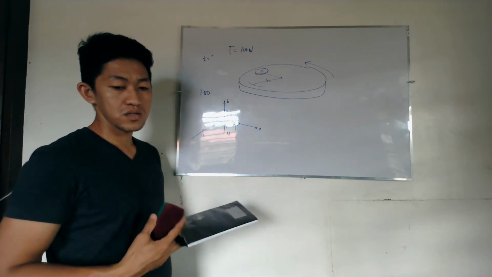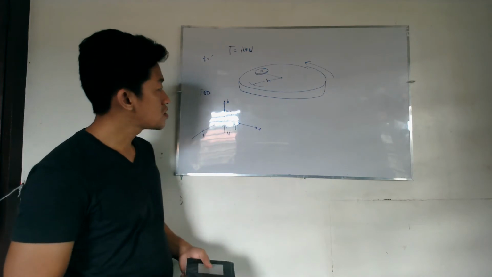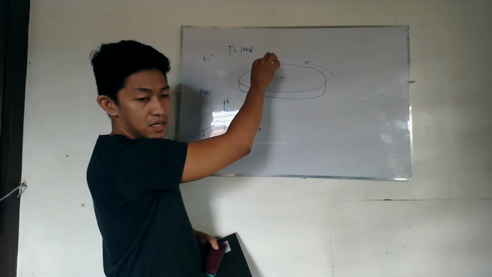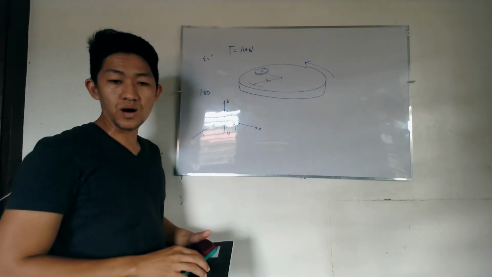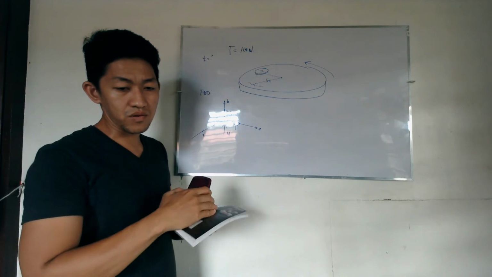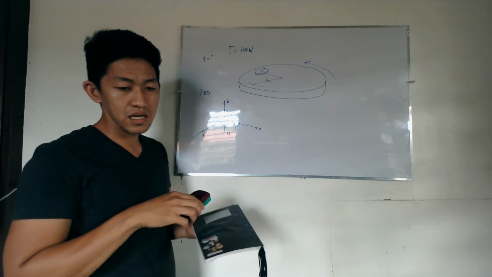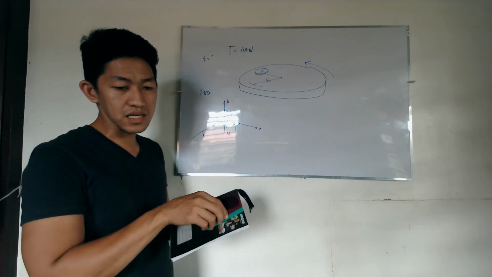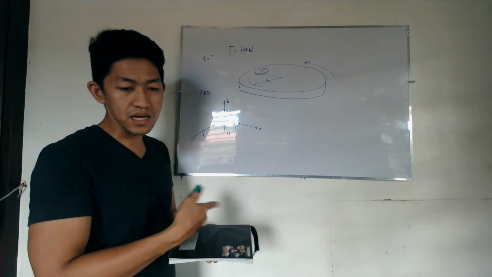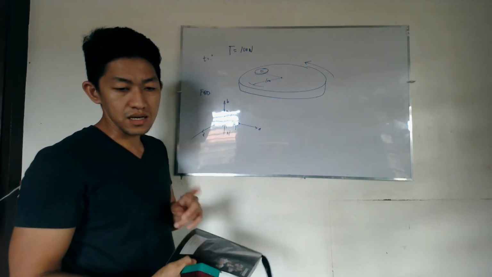So the scenario is the platform is rotating and you put the disc on it. When you place it, the tendency is for the disc to go opposite to the direction of the platform.